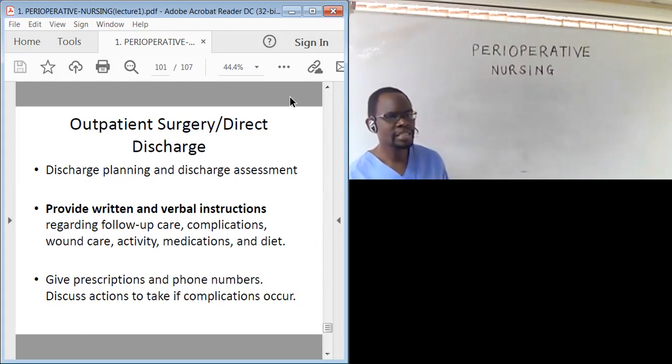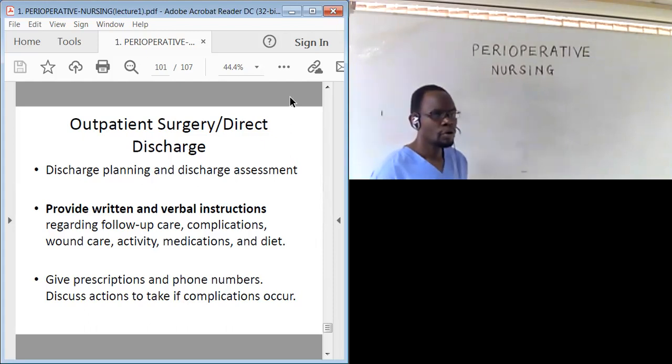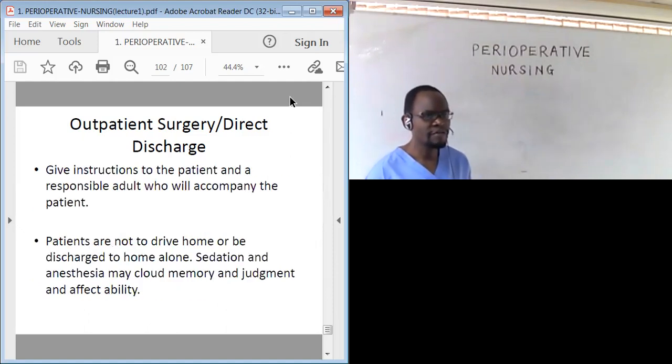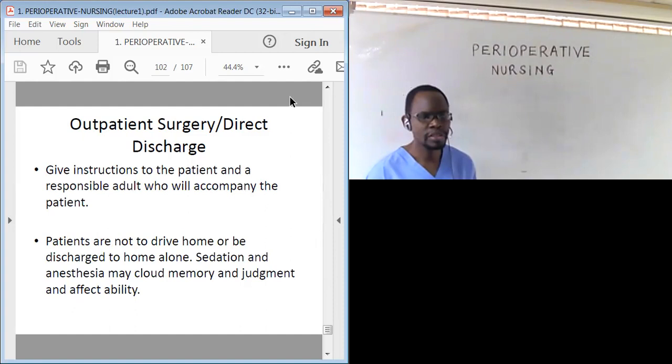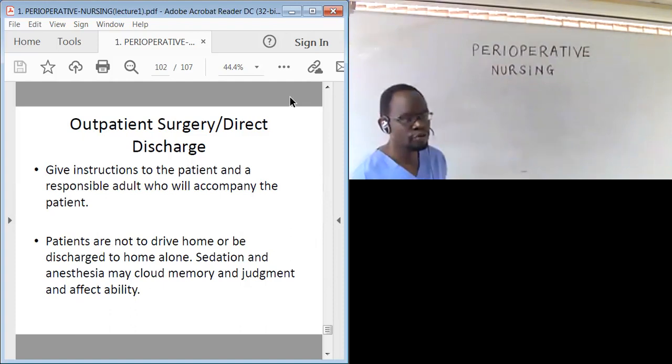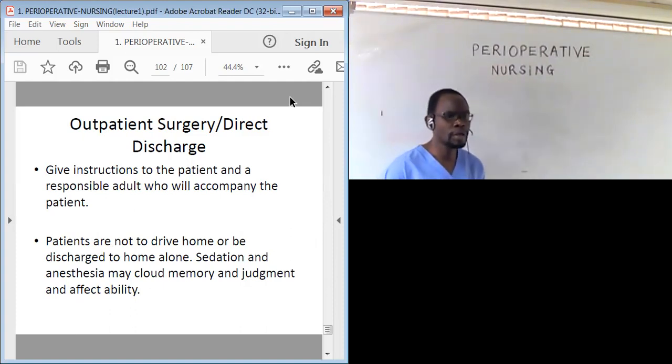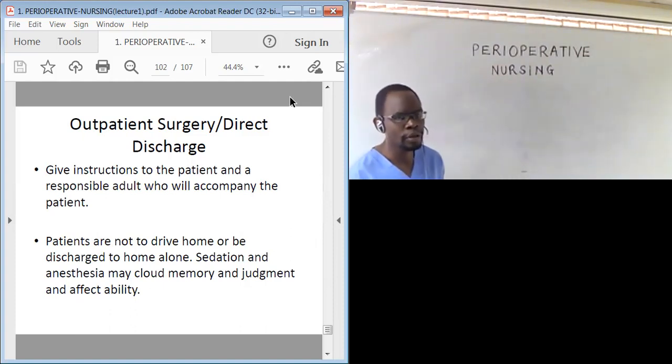So this is for outpatient surgery, or what we call one-day surgery or direct discharge. Give instructions to the patient and the responsible adults who will accompany the patient. Patients cannot drive themselves home or be discharged home alone.